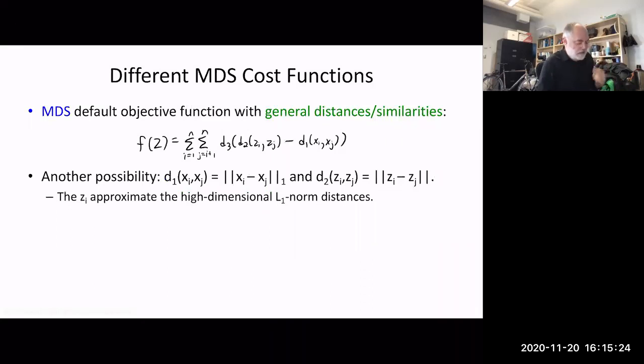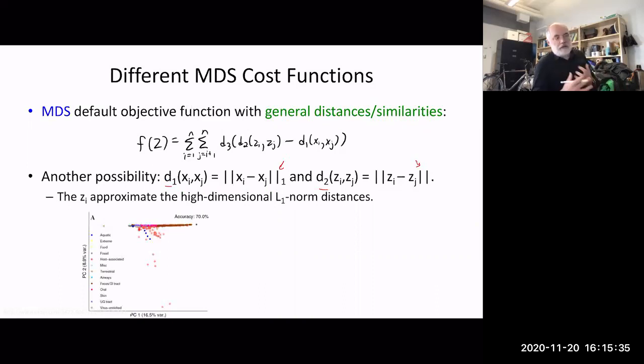But if you change the choice of distance function to, for instance, an L1 norm or something like that, then MDS starts to do interesting things.